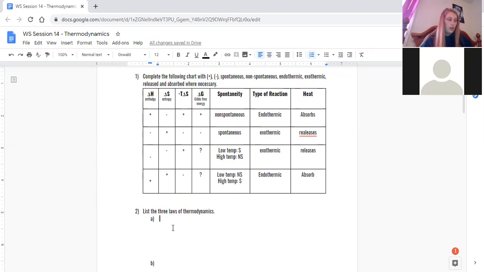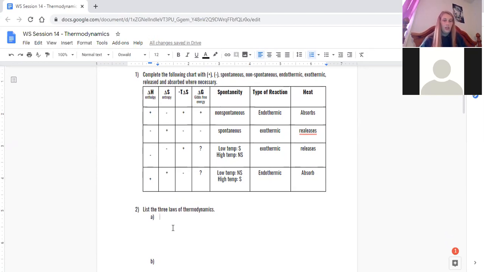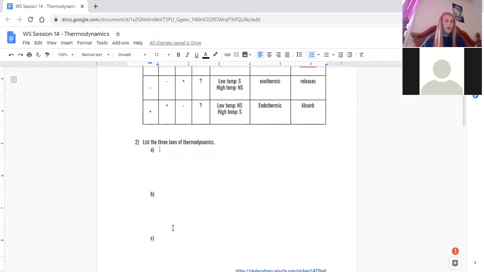So then we're going to look at the laws of thermodynamics. What is the first law of thermodynamics? It's also very, very similar to, yeah, perfect. Energy cannot be created or destroyed.